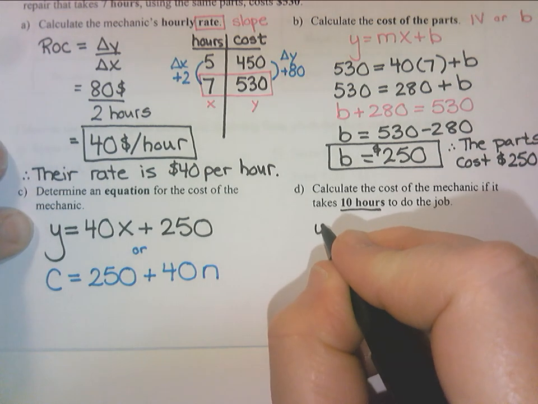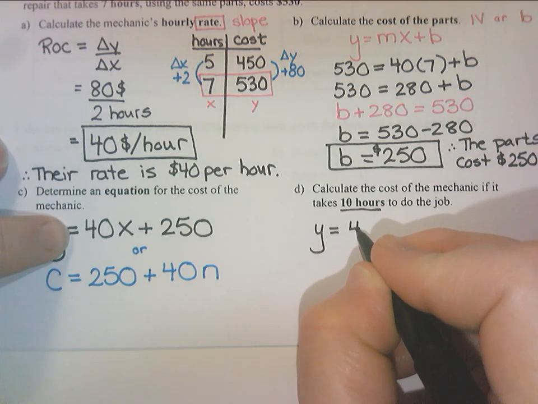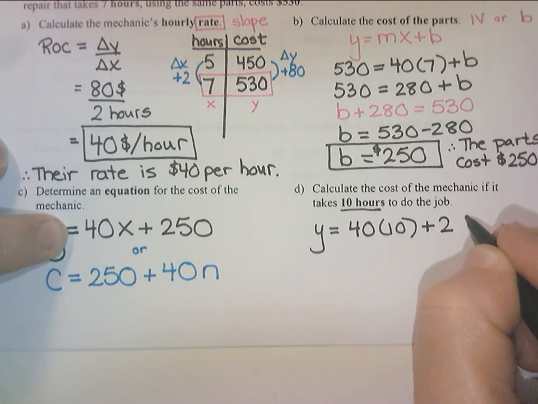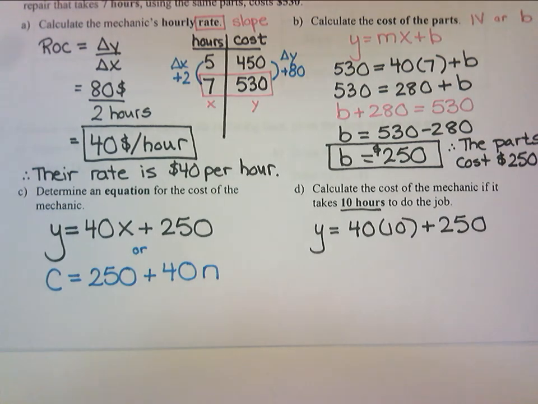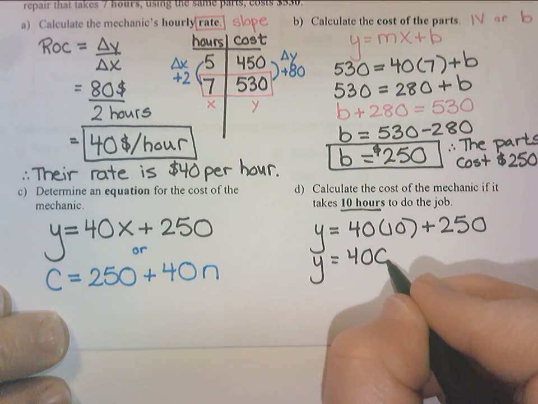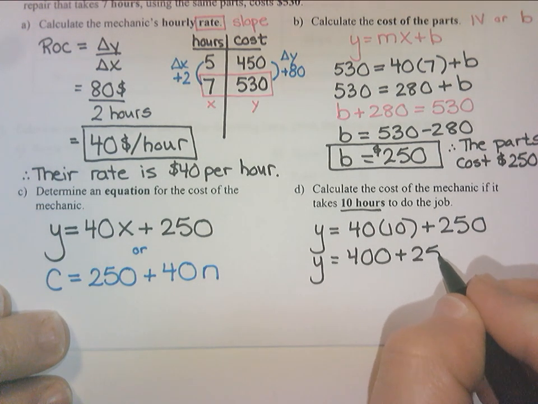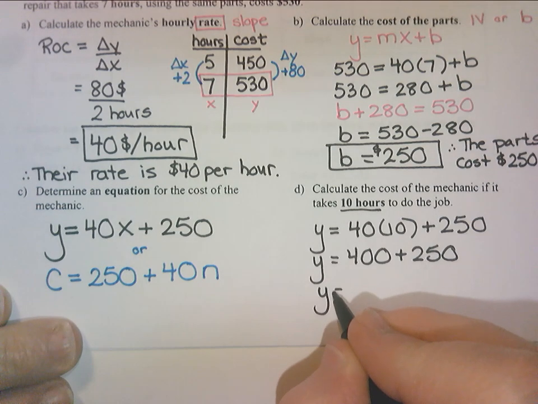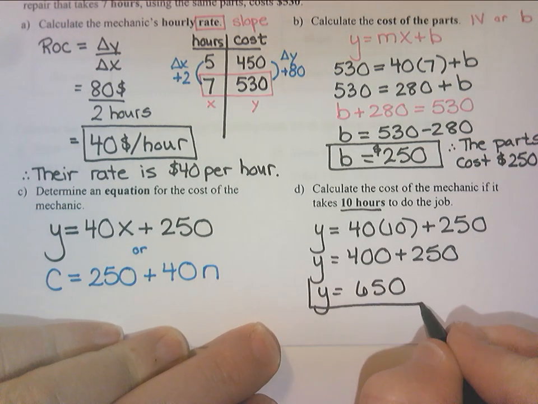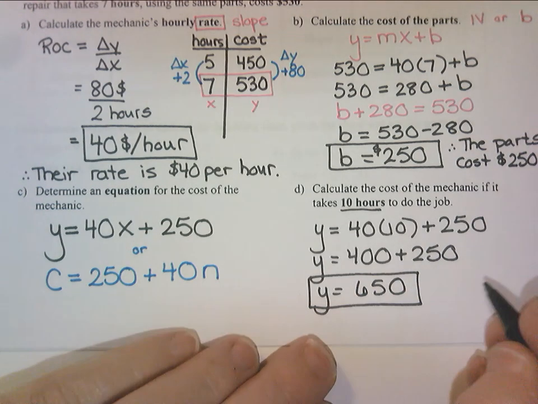So I'm going to do y equals 40 times 10 plus 250. 40 times 10 is 400 plus 250, which is $650. So it would cost $650.